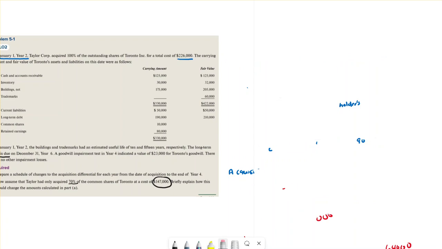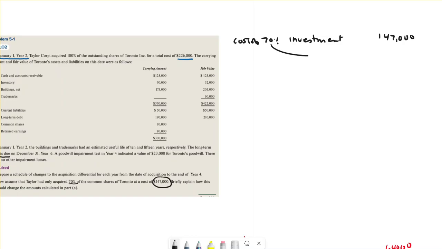What we did is the cost of the investment. We got 70%, but we needed to know the value of 100%. So the cost of 70% of the investment to us is 147,000. This represents 70% of it, and we needed an implied value of 100%.